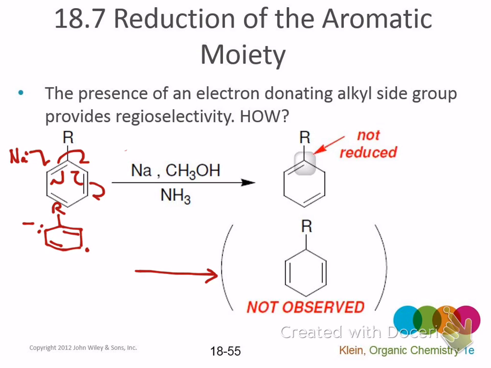So the negative charge isn't where the electron donating group is now. And this leads, oh, I drew it backwards, darn it, to that product. Flip the ring around. So because the negative charge isn't where the electron donating group is, that's the major product, because that pathway is going to be faster because it's a little bit more stable.